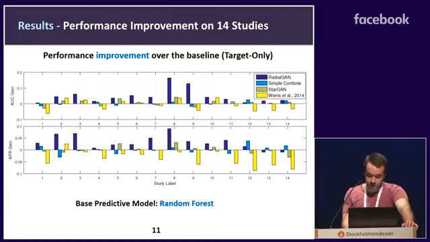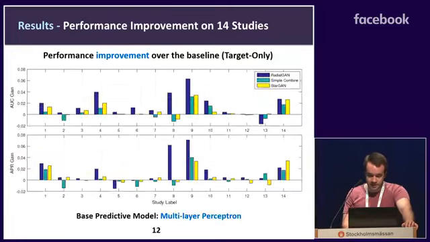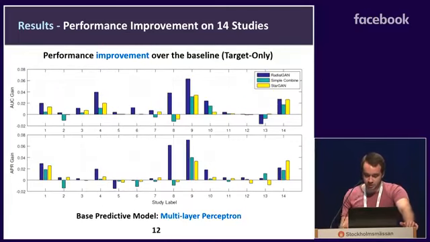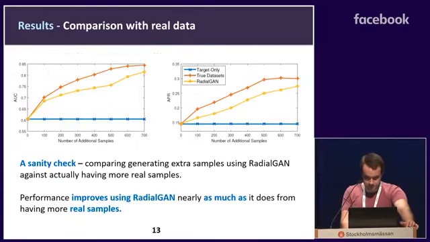In this one, we're looking at the random forest as the predictive model built on top of our translated data sets, and in this slide, we're looking at a neural net as the predictive model built on top of our translated data sets. You can see that for both models, the random forest and the multi-layer perceptron, in most cases we have a performance improvement over simple combine and target only and all the rest of the benchmarks.